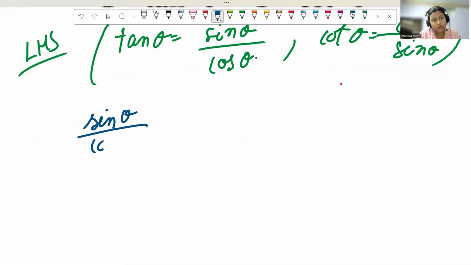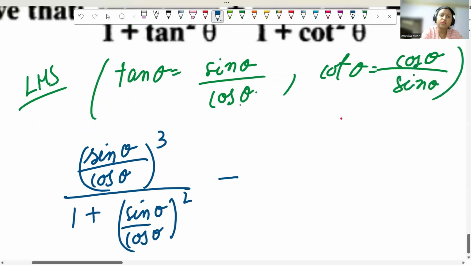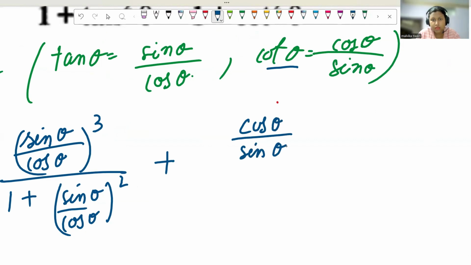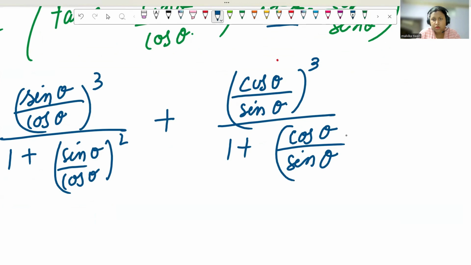So the equation becomes (sine theta by cos theta) whole cube by 1 plus (sine theta by cos theta) whole square, and then you have a plus. Instead of cot, I will write this ratio: (cos theta by sine theta) whole cube divided by 1 plus (cos theta by sin theta) whole square.